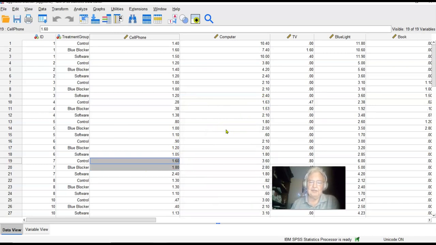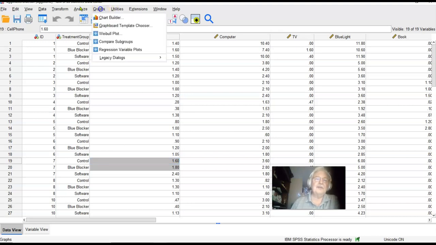That assumption is that the relationship between the covariate and its groups, the slope, is constant. This will be easier to show in a graph.